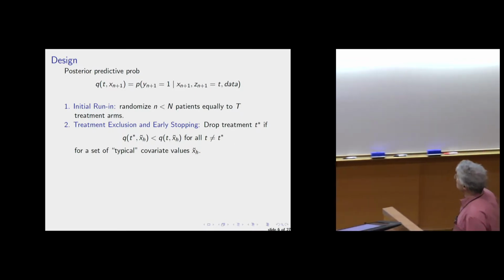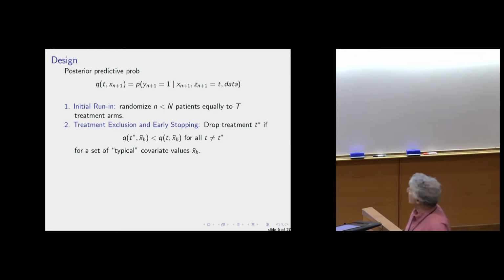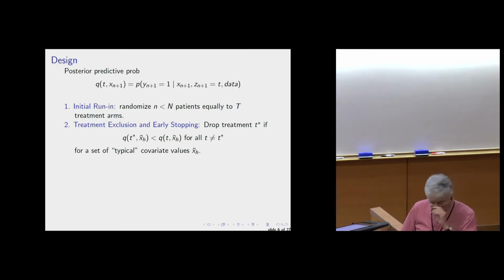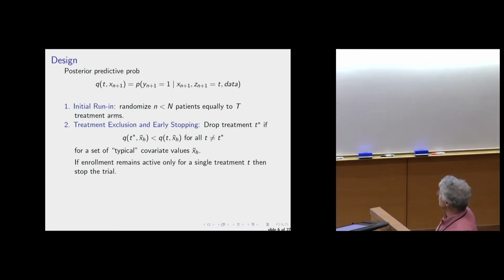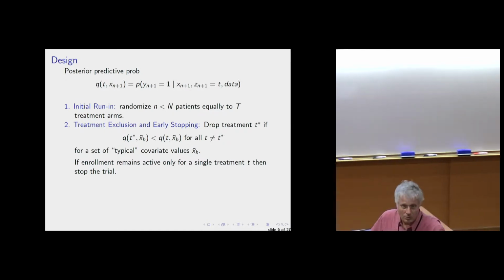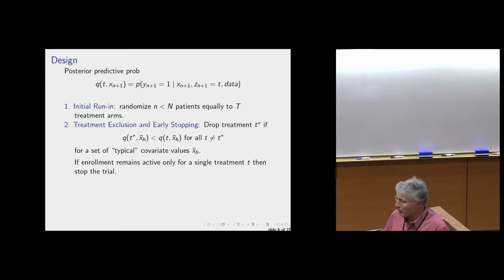If the posterior predictive probability of success for a particular arm is worse than under any other treatment for some typical covariate values, then we don't continue considering it. It's actually not too important, that rule, but you can include such rules. And if all treatments except for one are excluded, then of course you don't continue anymore, because there's nothing left to decide.